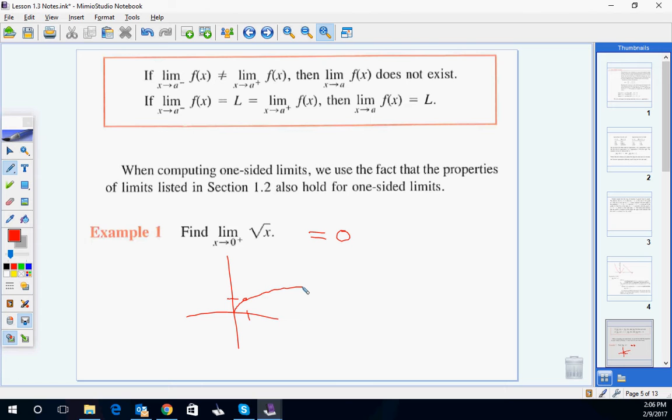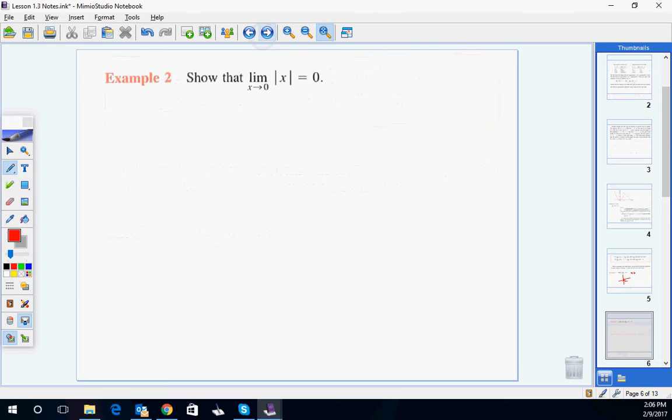All right. Let's look at 2. Show that the limit of the absolute value of x equals 0. We're going to look at the left side and the right side of it. This is because we know the absolute value of x is, remember, this is back to Math 20 stuff.